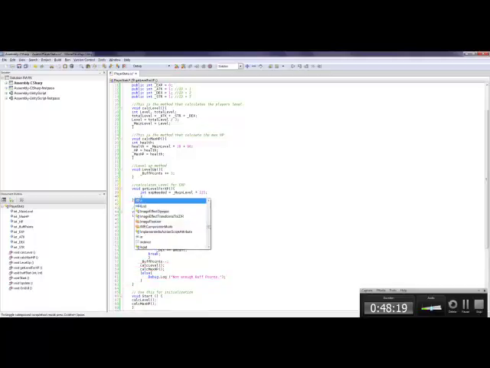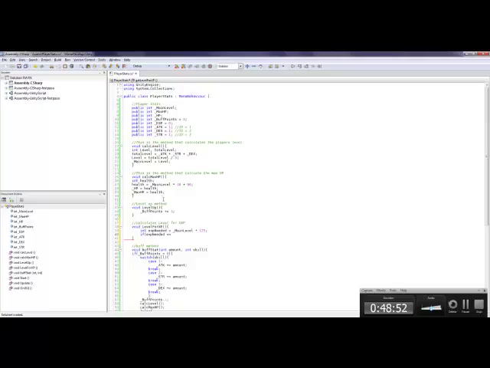And then an if statement. Okay, yeah, this is just going to be level for EXP. So now if EXP needed is less than or equal to our, what was it, EXP?